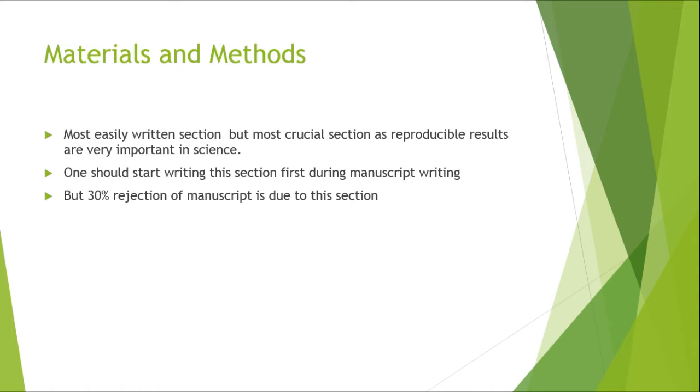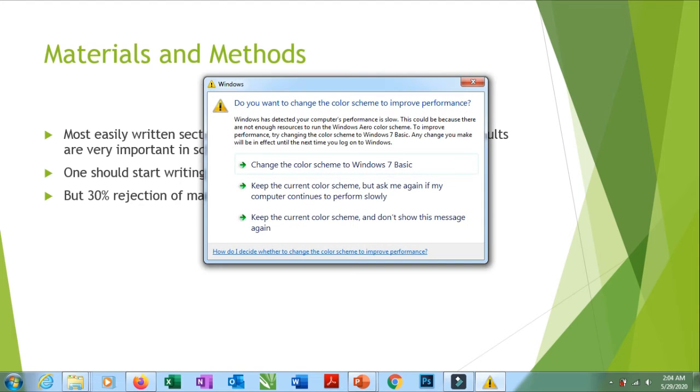Because this is the core part of your entire research article and will tell you whether your manuscript is reproducible, whether it's important to science, and whether something new has come up, or whether it is the same thing other people have already described, so it's nothing new to science. If the reviewers or the editor think these questions, they will reject it.